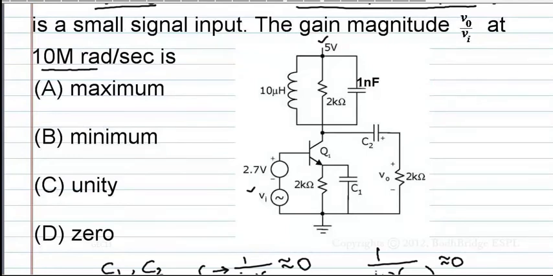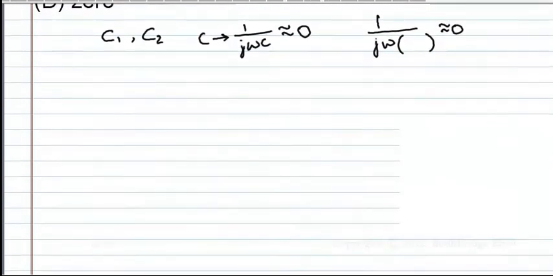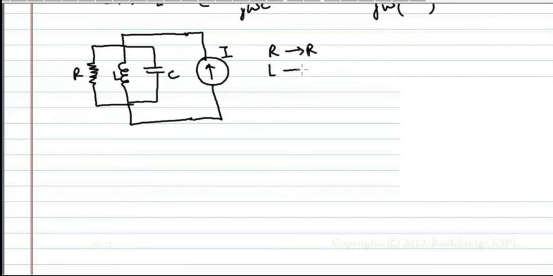First of all, for starting this circuit, let us take the parallel RLC circuit. We shall just have an overlook. For this circuit, let me give some current. R is replaced by R, L is replaced by SL, and C is replaced by 1 by SC.